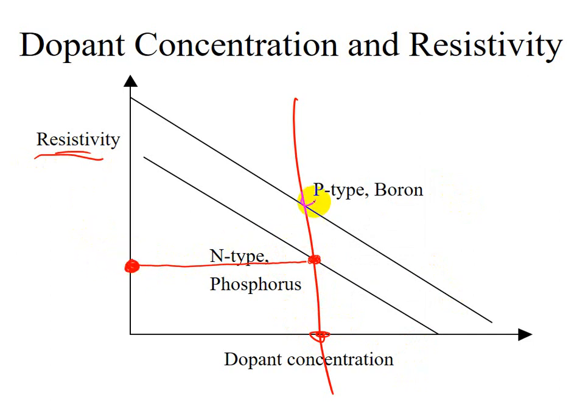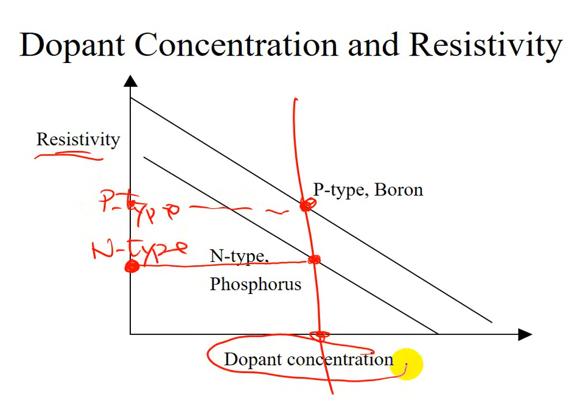But for boron p-type material, this is p-type, this is n-type. So you can see at the same dopant concentration, N-type and p-type semiconductors have different resistivity. The lower the resistivity, the higher the conductivity.